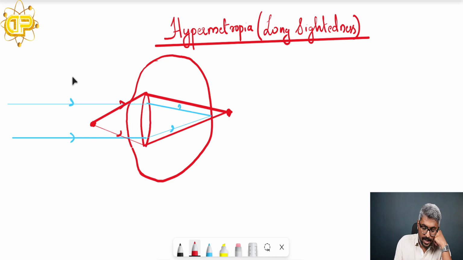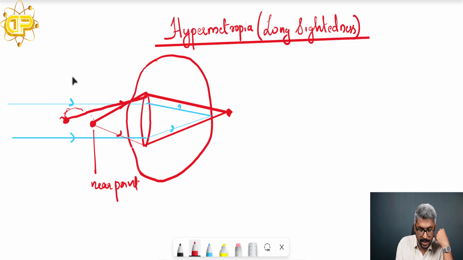But if you shift this near point, there is a near point for a normal eye. If you shift it somewhere here, then what happens? You can clearly see the object. The light rays will fall somewhere here and somewhere here, and then converge and fall at the retina itself.